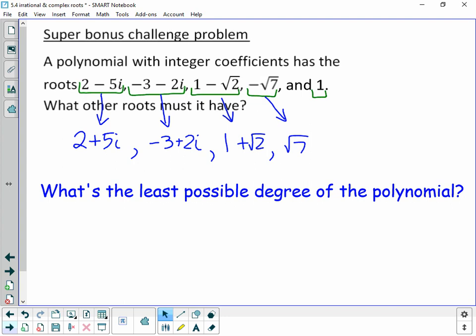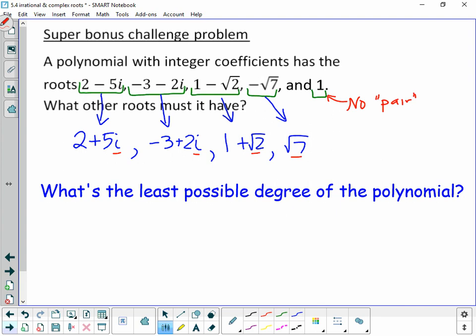Now this one is just an integer. It's just the number 1. No pair for that one. Remember, it's the imaginary and radical parts that make it have that pair. So these are the only additional roots we know.